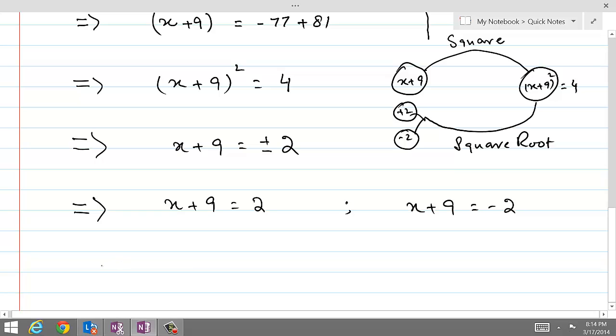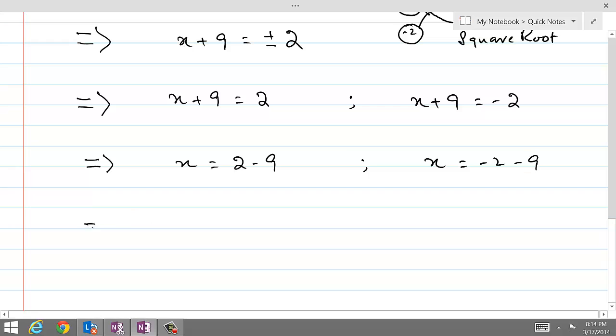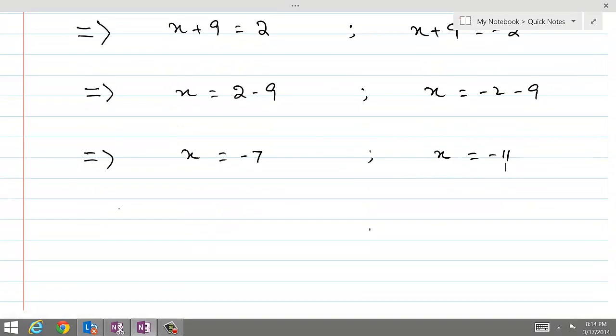So now we solve this as a linear equation in one variable and isolate x on one side, giving us 2 minus 9, and here we isolate x again, minus 2 minus 9, and this gives us x equal to minus 7, and here x is equal to minus 11. And this is our solution set.